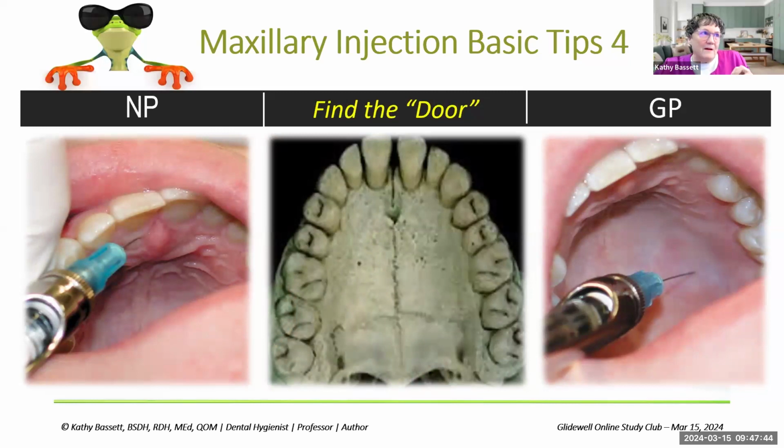A couple of tips on just nasopalatines. What I notice a lot of people do is they'll actually enter right into the soft tissue of that incisive papilla, and then you'll get a real egg white blanching of just the papilla. Just keep in mind that that's then holding it in the fascia. It increases the possibilities of necrosis of those tissues, and it's not getting the drug underneath that papilla tissue.